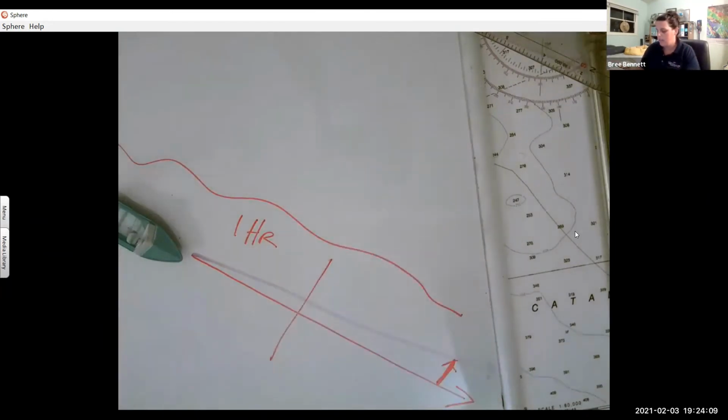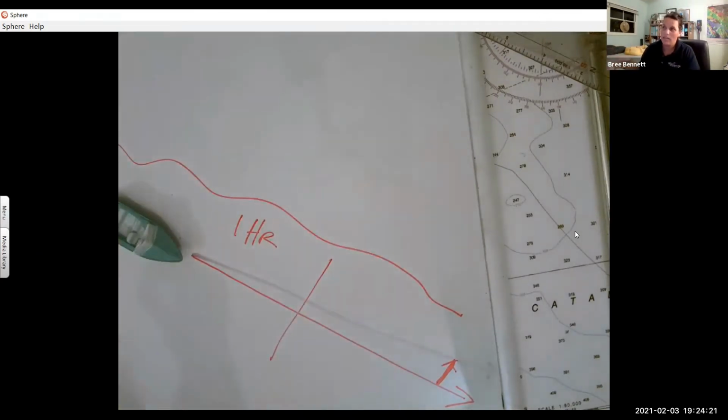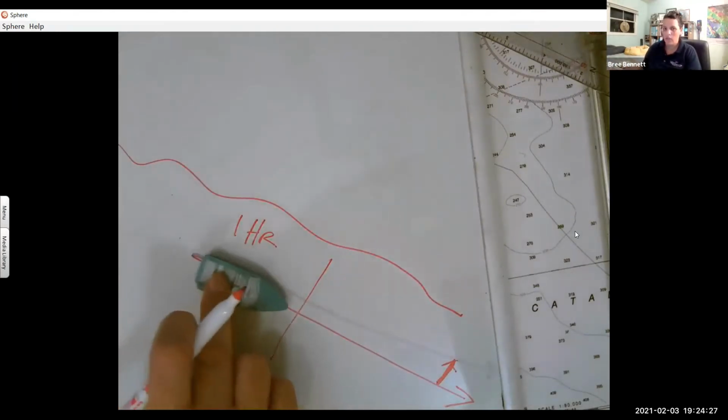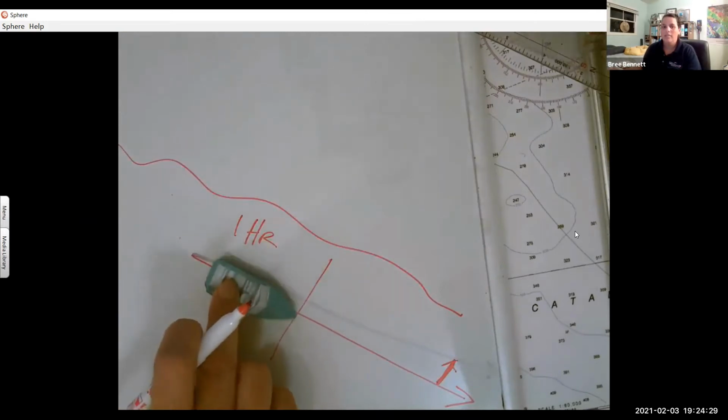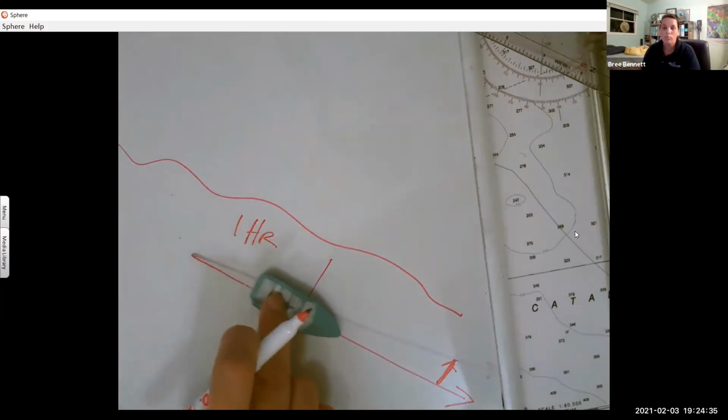Now, the prudent mariner would reevaluate, because it's not just compass error that can put you off. You know, there's wind and current and swells and weather and all these other things that can put you off as well. So if you are navigating along, reevaluate, see where you are, adjust your compass heading accordingly, continue along, reevaluate.